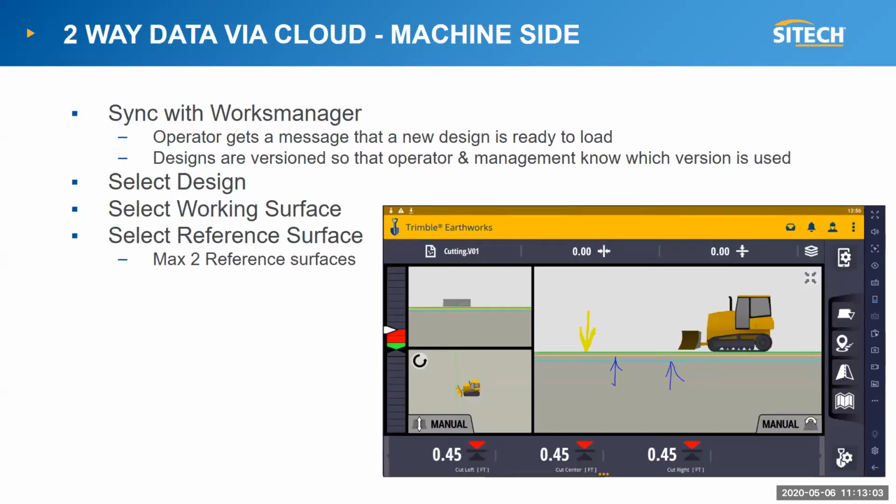You can see my wonderful work of art now. The yellow arrow is pointing to my finished surface. I then have the two lines which take the color from Business Center. So whatever color those surfaces have been assigned in Business Center, that's the color you see on the screen, so they can be color coded as well.